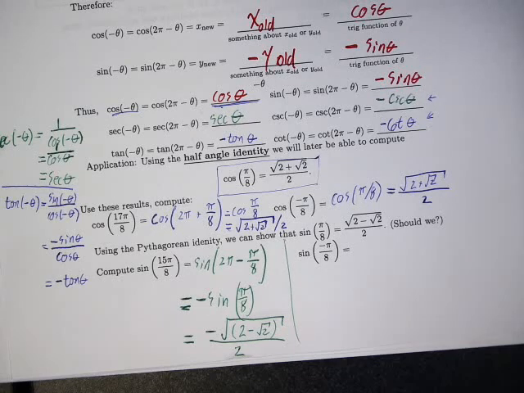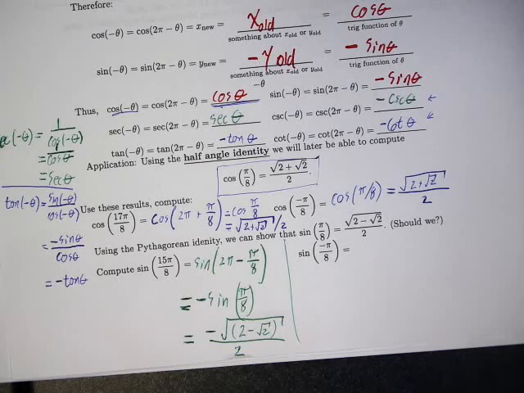People feel pretty good about that? What's the sine of negative pi over 8? Would it just be root 2 minus square root of 2 over 2, positive?